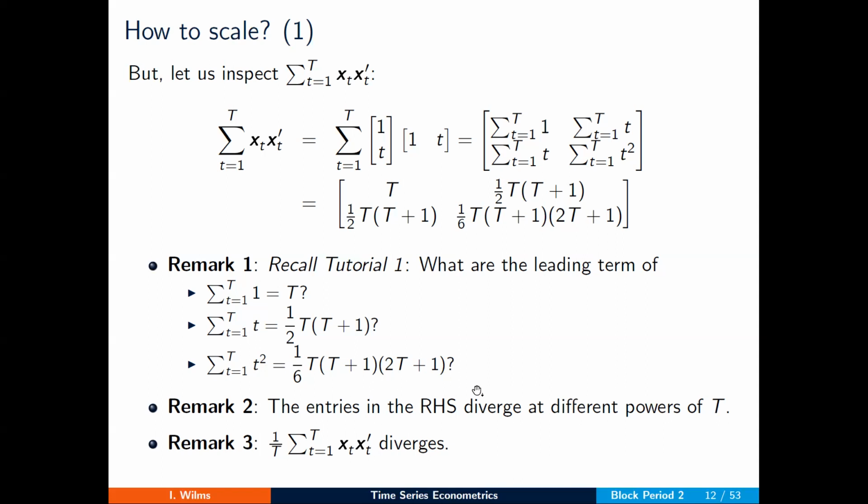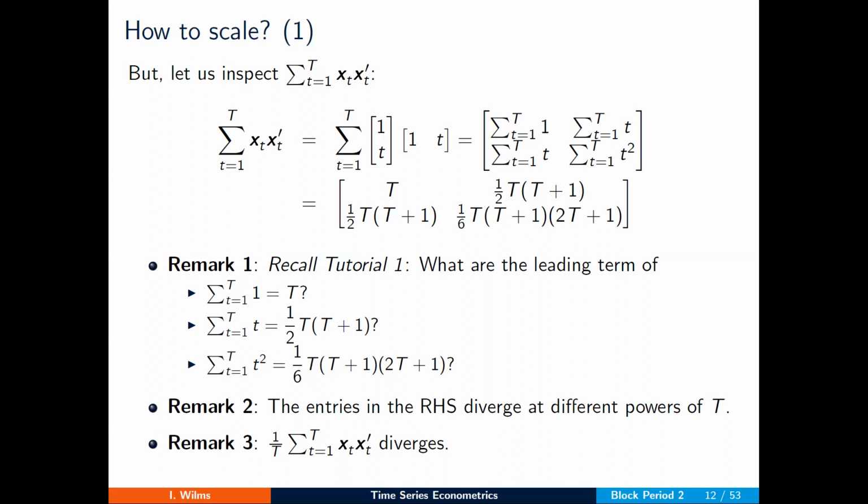So we see that the entries in our matrix actually diverge at different powers of T. Now, what would happen if we just worked with the scaling from the IID or the stationary world?